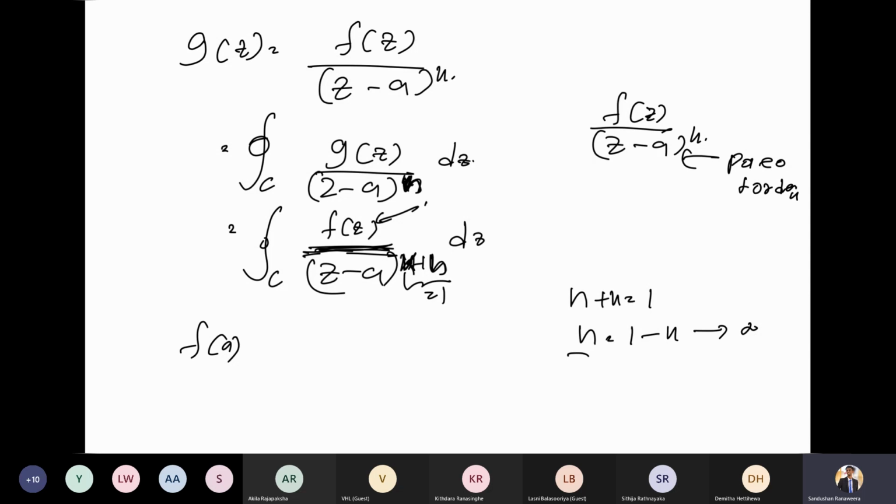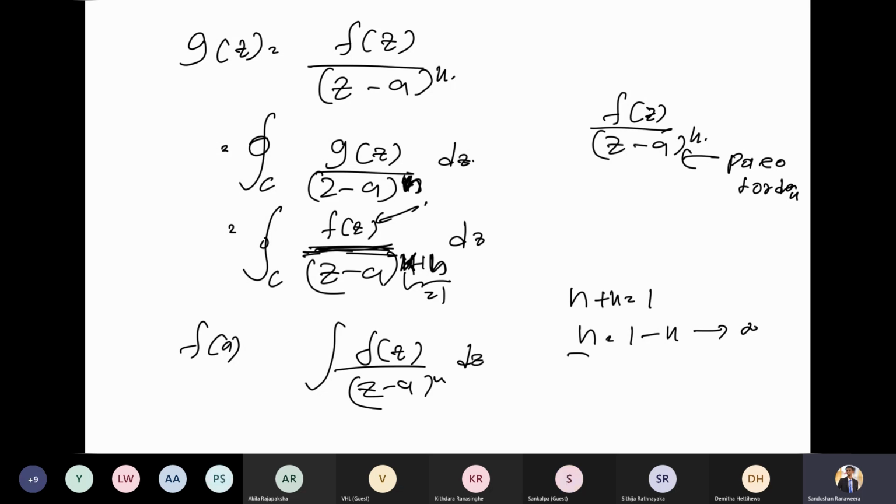You can remember that anyway, but the main idea behind the residues and the Laurent series is that you can evaluate a derivative of an analytic function using an integral of the form f(z) over (z minus a) to the power n dz.